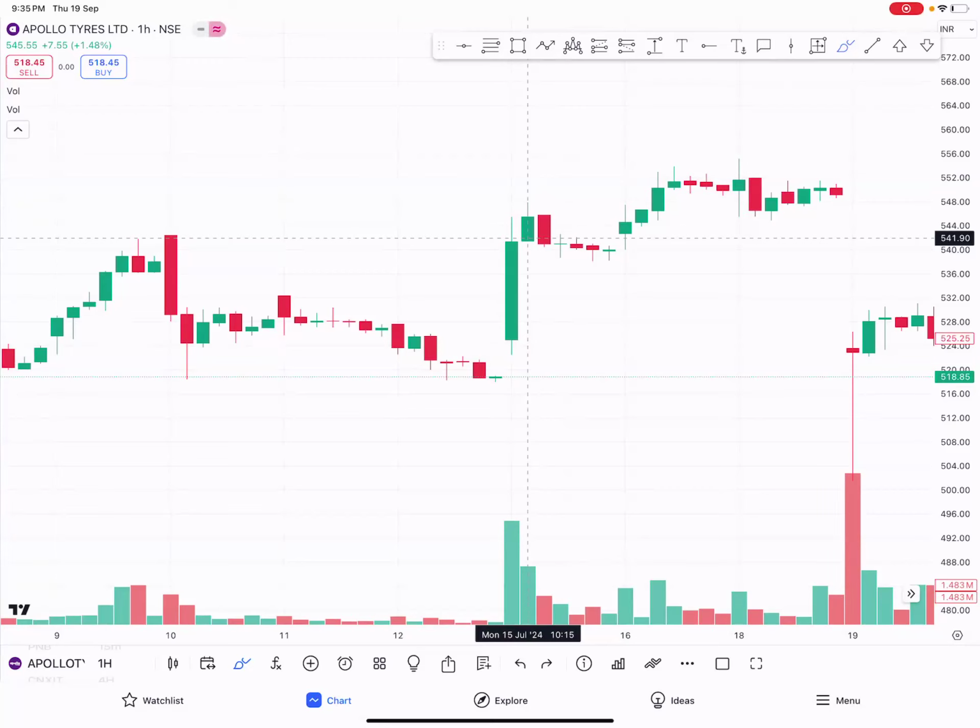From there you will be able to judge the high and the low of the particular day, and opening and closing you will be able to see. Otherwise you can just extract the entire data from the BSE or NSE website. That is also very feasible.